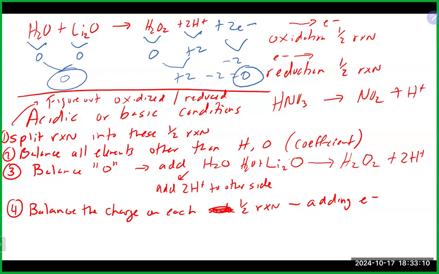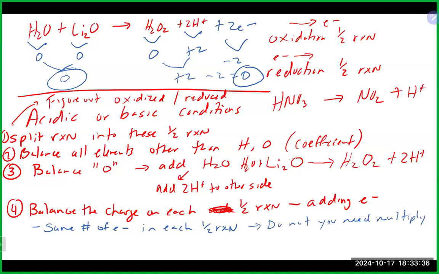Once you do that, the last thing you want to check is that you have the same number of electrons in each half reaction. If you do not, then you need to multiply by a common number, like we just did earlier. Lastly, you're going to add both half reactions together.